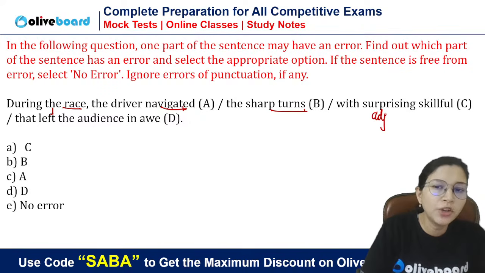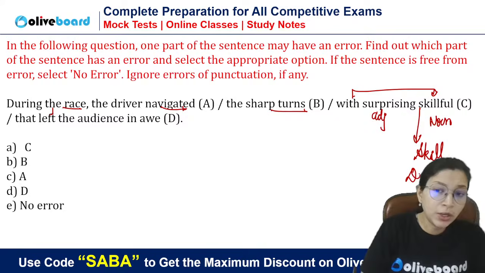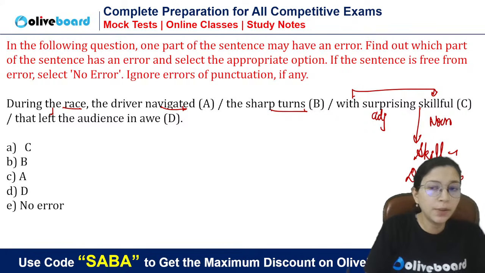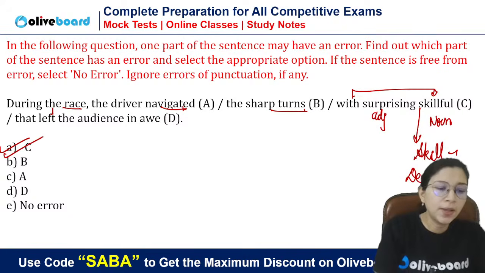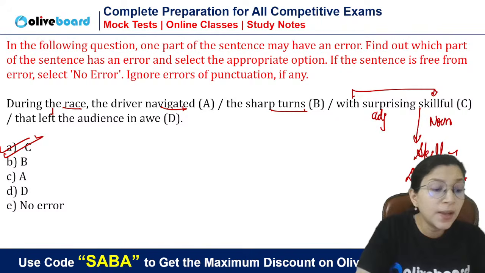Surprising is in itself an adjective. With is a preposition, so it should take a noun. So skillful is wrong, it will be skill. Dexterity, all these terms can be used. So the error lies in A and AC part. Surprising skill.